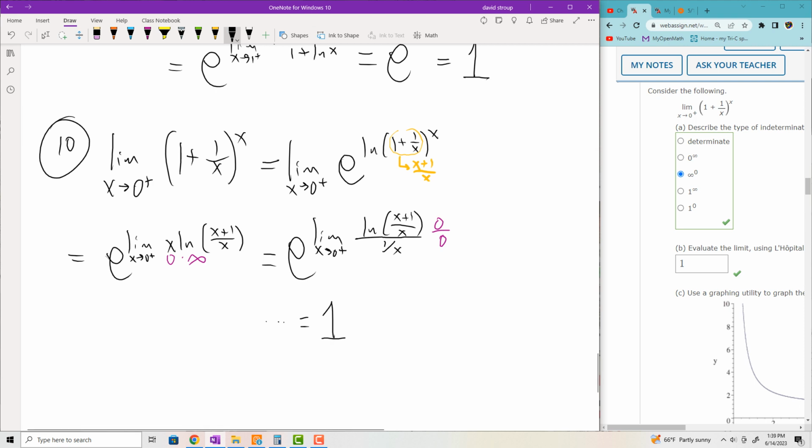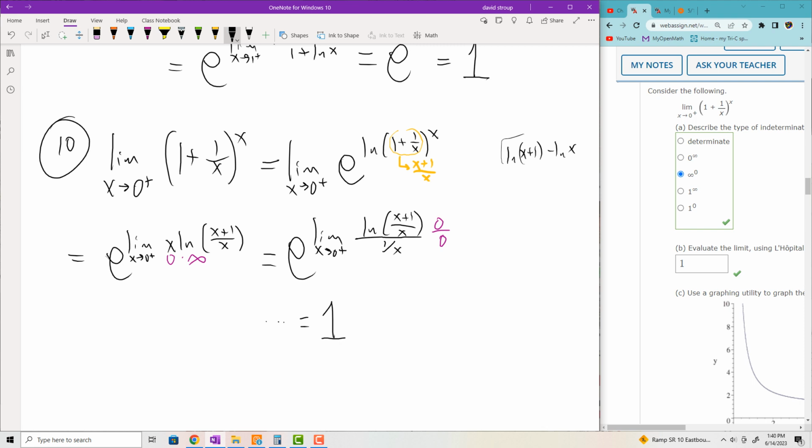So I think the hard part is finding that derivative of the numerator. You may want to rewrite it as the ln of x plus 1 minus the ln of x, and then take its derivative, because as it sits right now, the derivative is going to be 1 over the fraction x plus 1 over x, and then times the derivative of that fraction. So then you have to tack on a quotient rule.